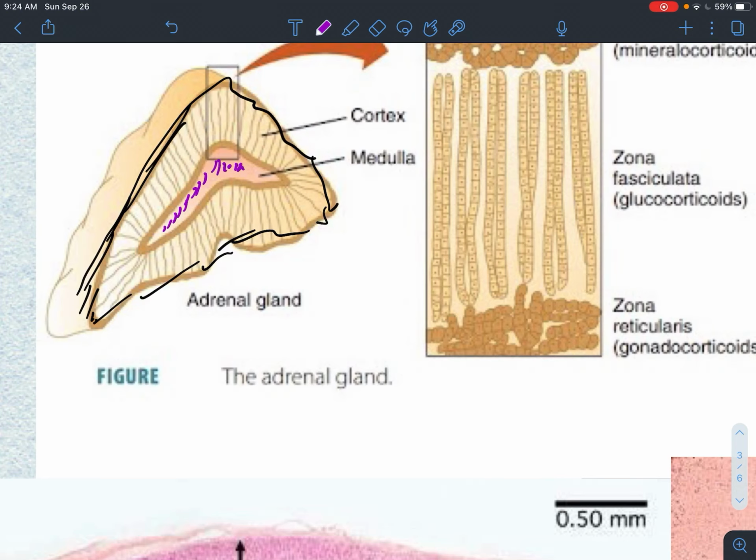And the adrenal medulla is famous for making our adrenaline, right? Which is where the word adrenal or adrenaline, why we have those similar words for them, right? And that's going to be your fight or flight response that we learned about in ANP1. So that's one thing to keep in mind.